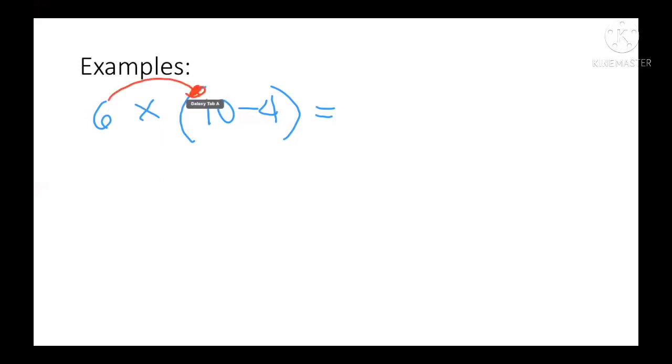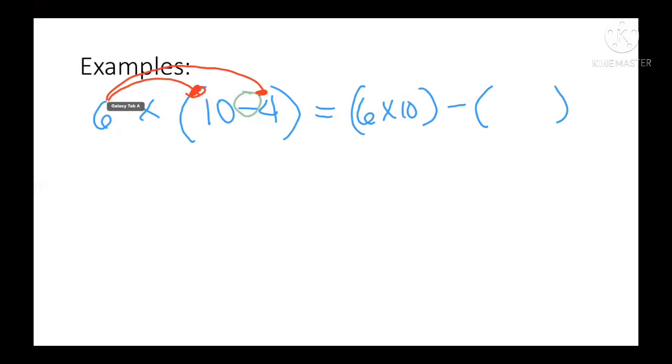Okay. 6 times 10. So we'll put here. What is our operation at the center? Minus, right? This one is minus. So we will put minus. The other bracket or parentheses, the last one will be 6 times 4. 6 times 4.